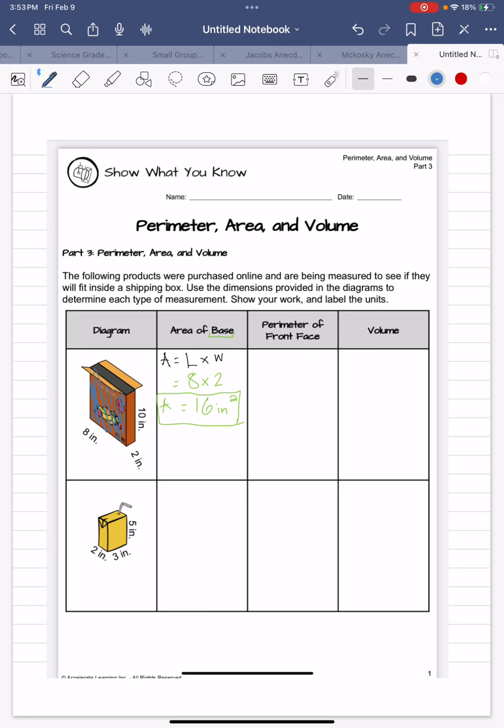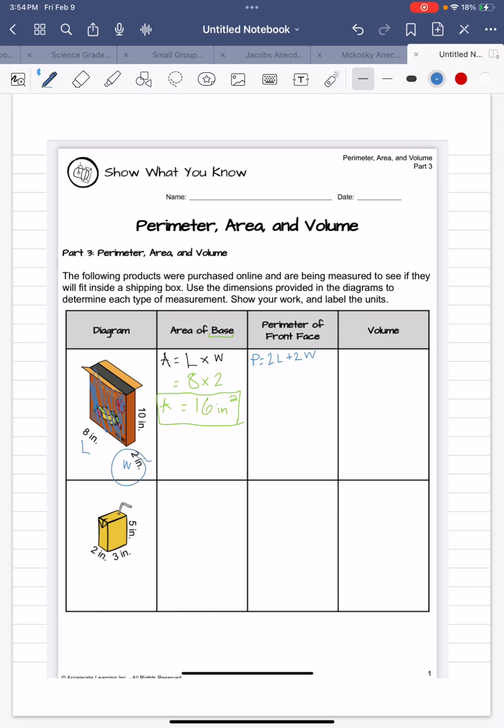So let's start by writing the formula for perimeter, which in this case, since we're using a rectangle, our bestie gives us this formula of P equals 2L plus 2W, which just means 2 times length plus 2 times W. And now, technically, my length and my width might have changed a little bit, because the width earlier was for the base.